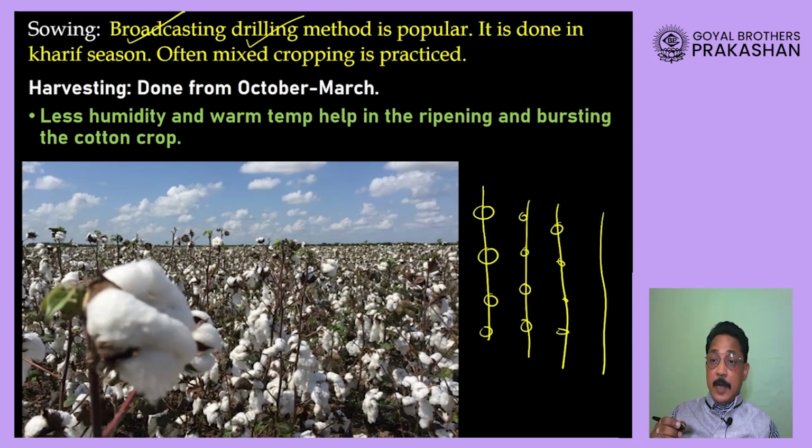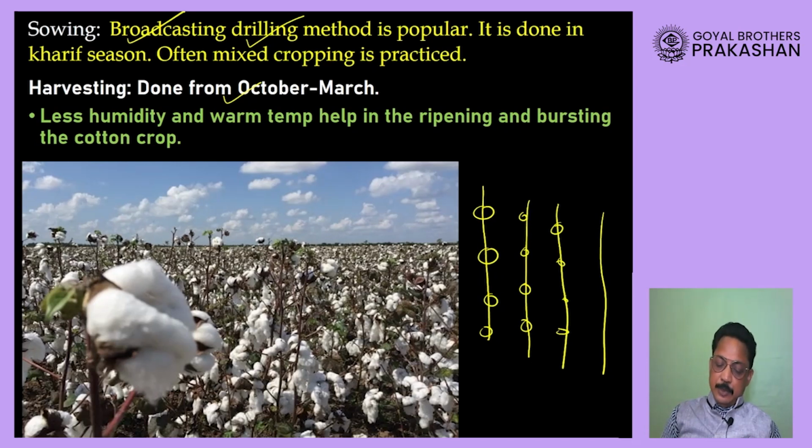Okay, now harvesting means cutting of this crop will be done in the month of October, basically October, if the seeds are sown in the month of June or July. But cotton also grows, dear student, during the hot season also, but it is basically a kharif crop.